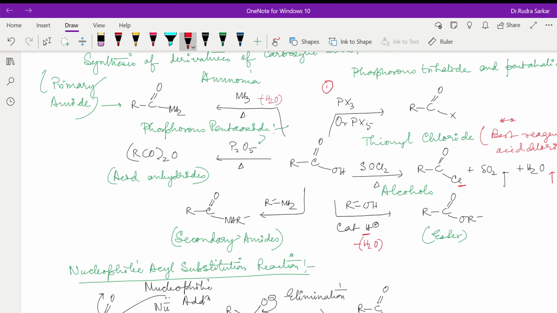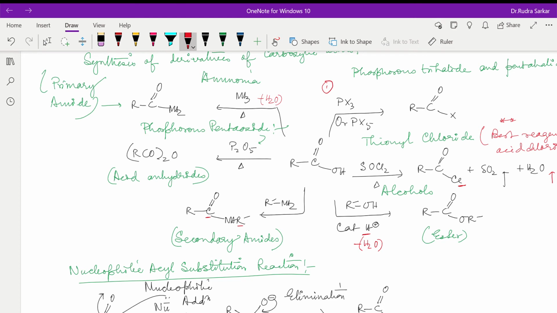When N is attached to only one carbon and the rest is NH2, it is called a primary amide. However, if you react a secondary amine with the acid, then N is joined to two carbons, that is R prime and R, so it is called a secondary amide.